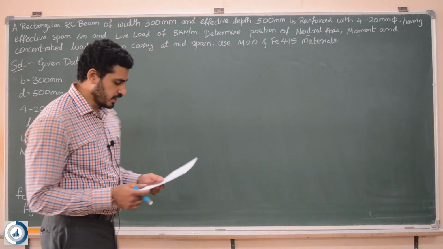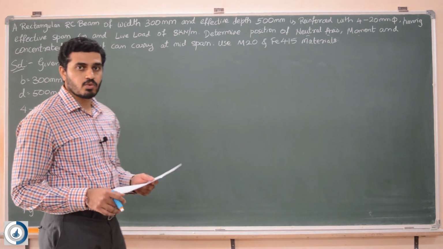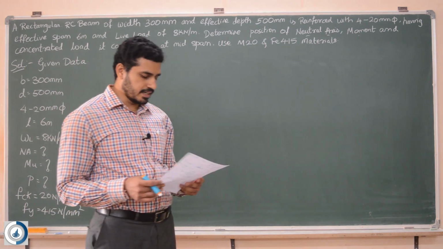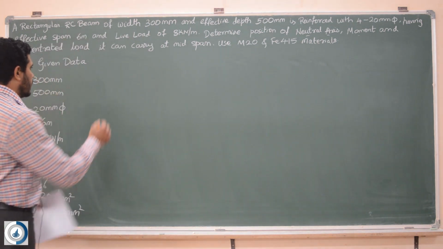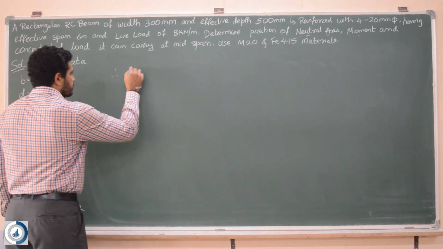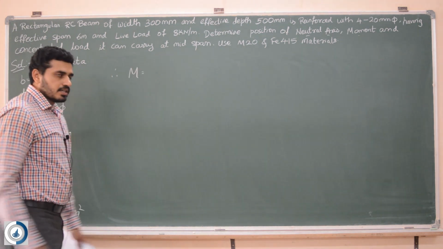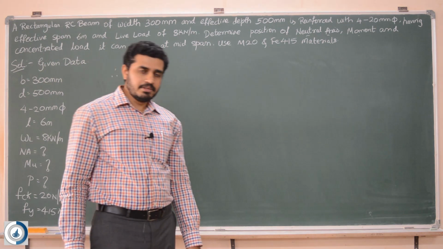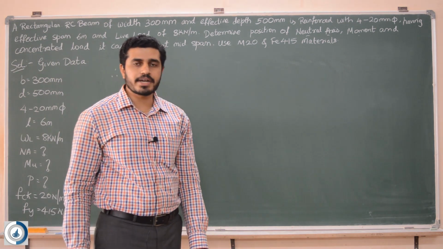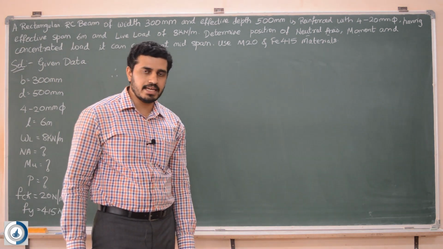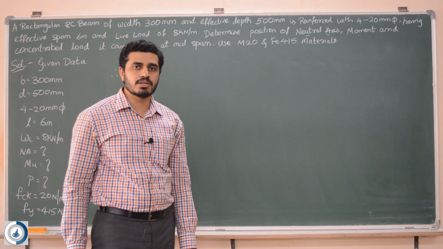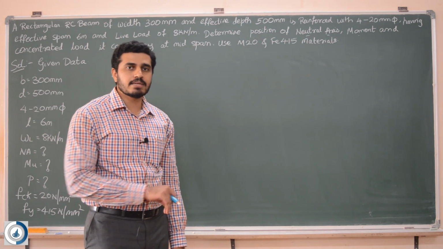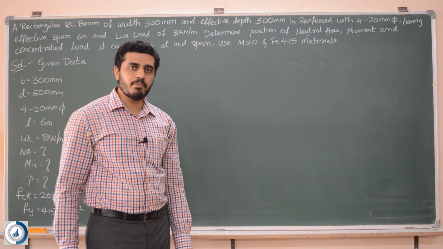For that, we have to take again the working moment which we have calculated, and it works out to be 124.94 kilonewton meter. Now the bending moment formula: if you remember your strength of materials concept, for a simply supported beam carrying UDL it was WL square by 8, and for a simply supported beam carrying point load at midspan it was WL by 4. So the same concept we have to use here to find the point load.